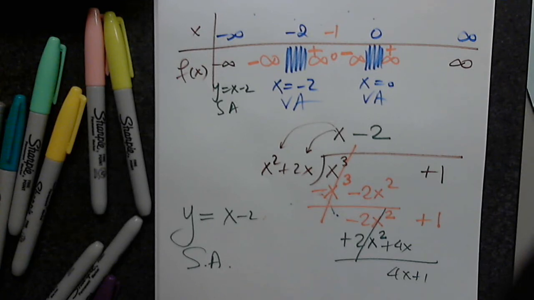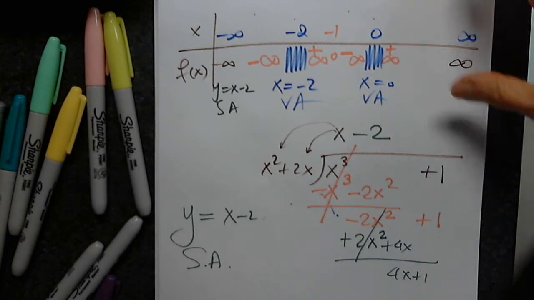From positive infinity, it crosses at negative 1, 0. It goes to negative infinity on the left-hand side of this asymptote. No problem. Here it makes no sense. From positive infinity, going back to positive infinity.